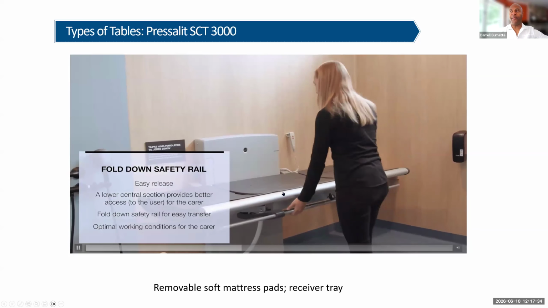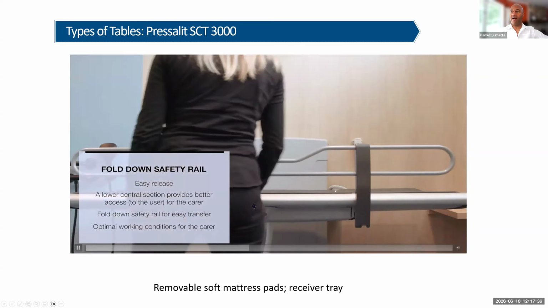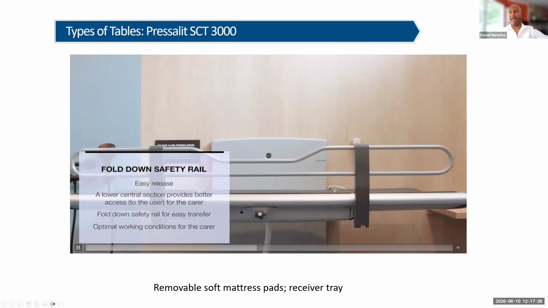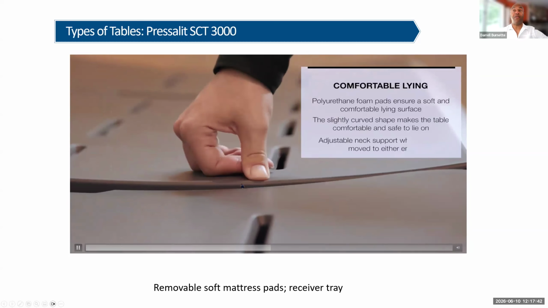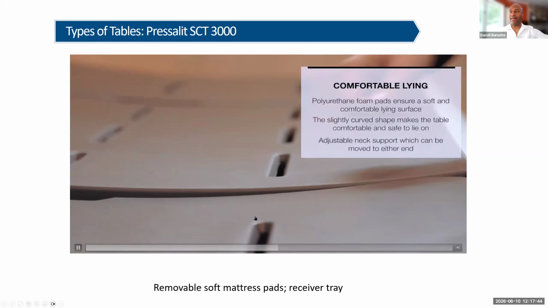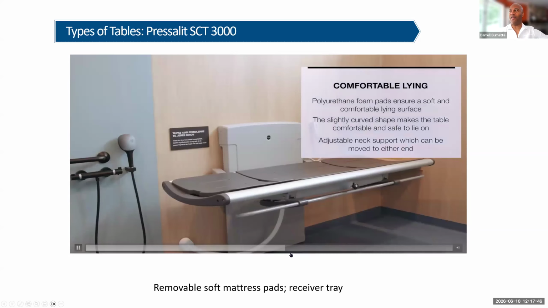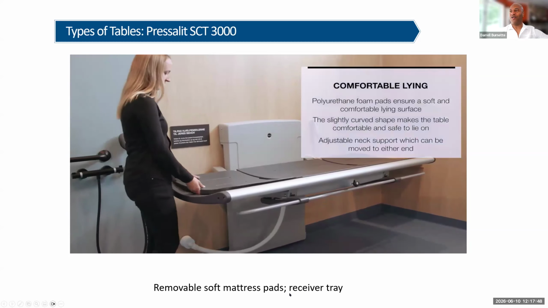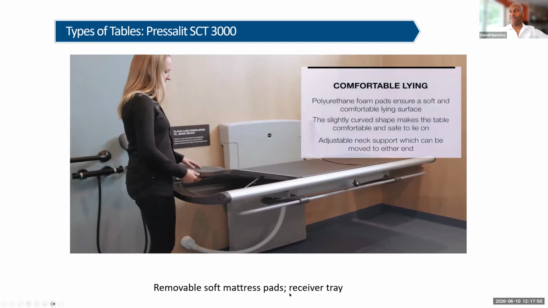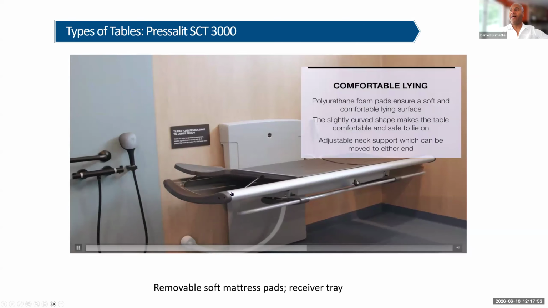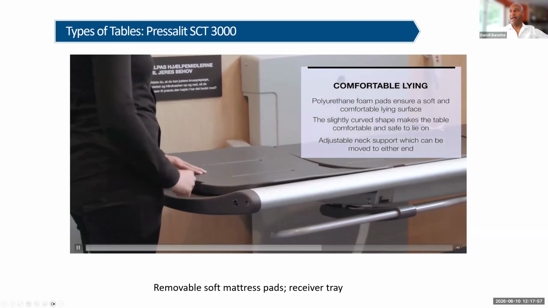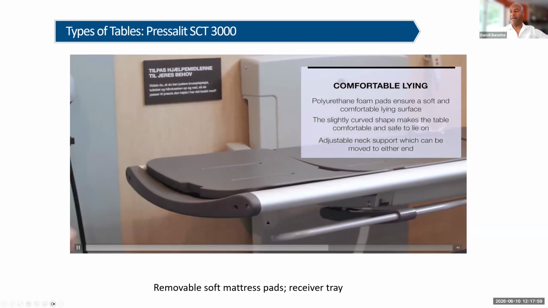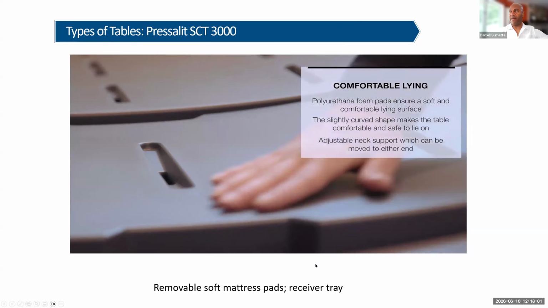And this is a great table for caregivers. These pads are removable, so be aware of placing them in unsupervised areas. In the US, I don't know why, but the pads walk away. They will remove some of the pads if they're not totally secure. But this is good for a caregiver when you're showering, with the headrest and the rack, so that really helps depending on the need and the environment that you're in.